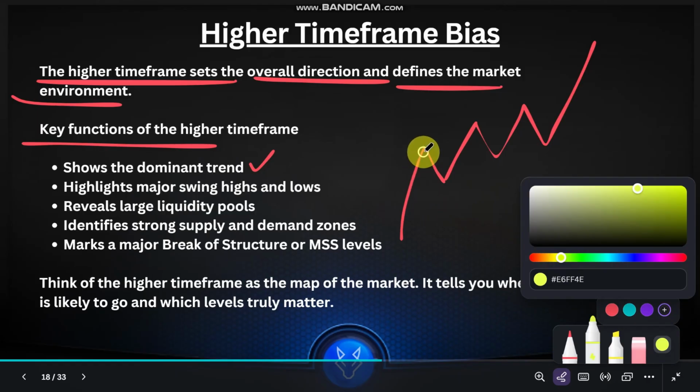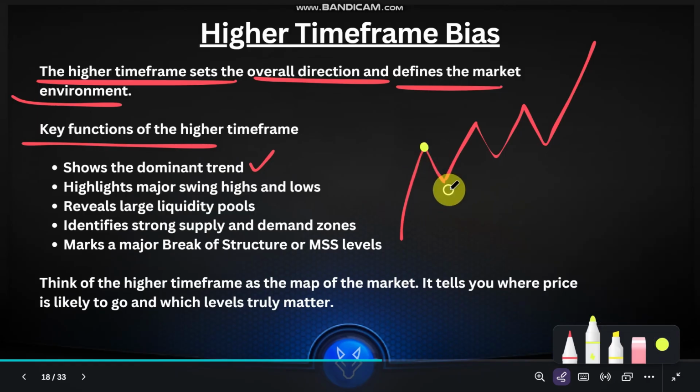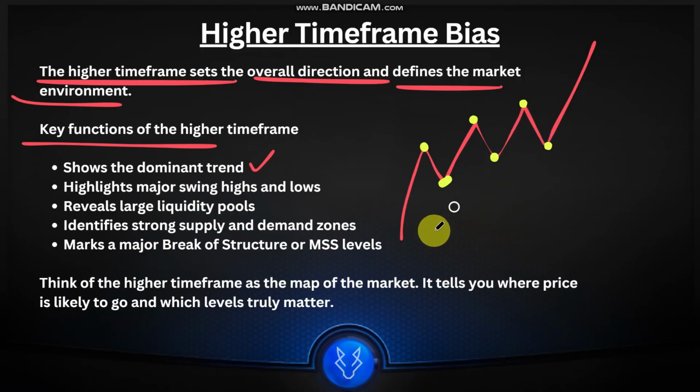We have this. This is the low and this is the high. So it highlights major swing highs and lows. It reveals large liquidity pools. These are big moves, large liquidity pools, big money, big institutions moving price very aggressively. It identifies strong supply and demand zones.